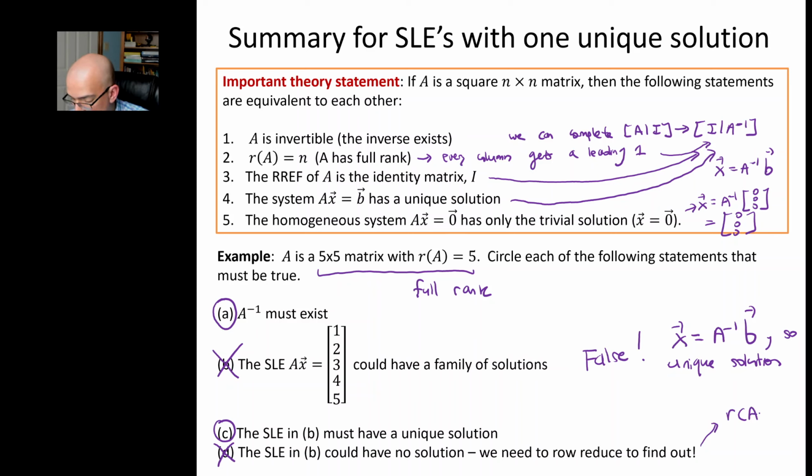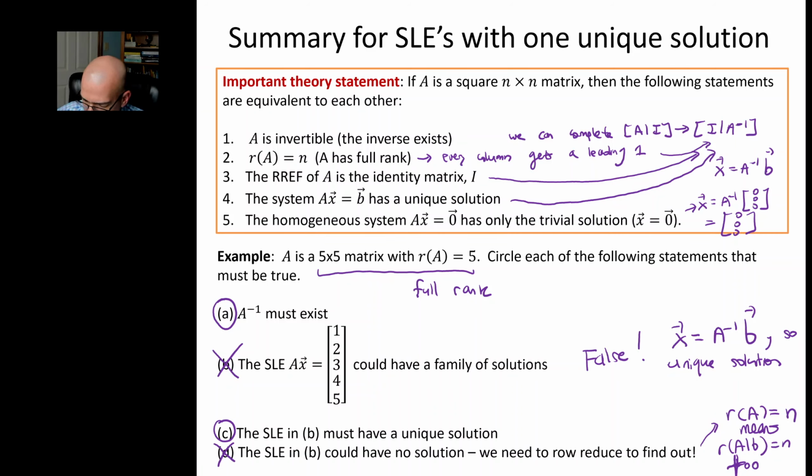Rank of A equals n means rank of [A | B] is equal to n as well. You can't exceed the rank by adding a column.